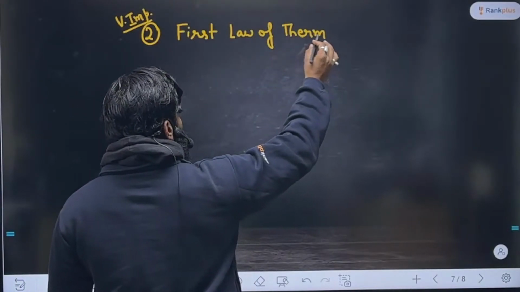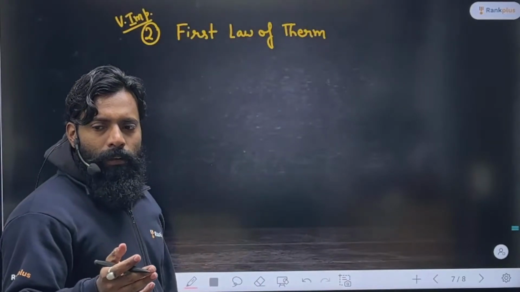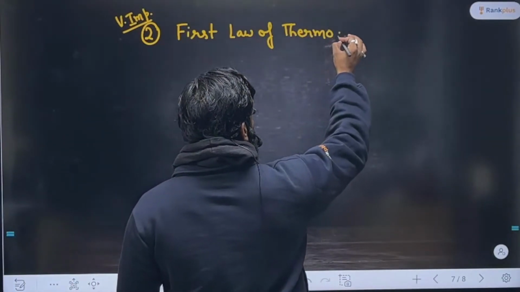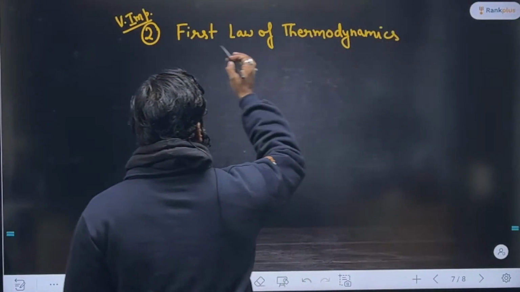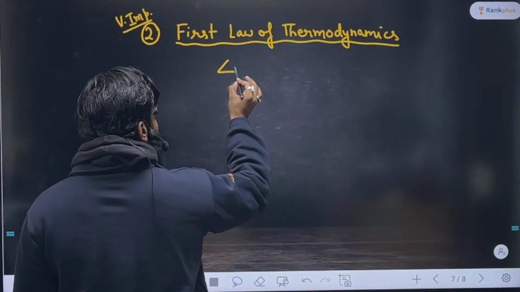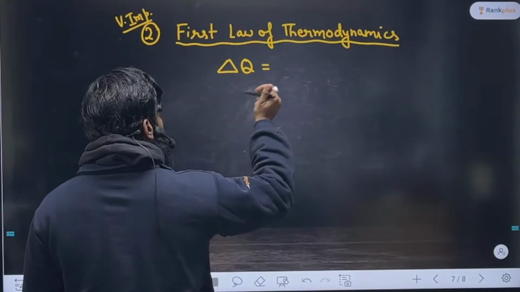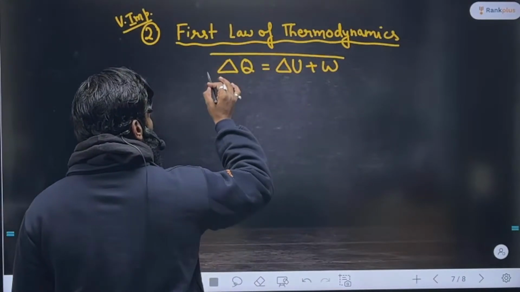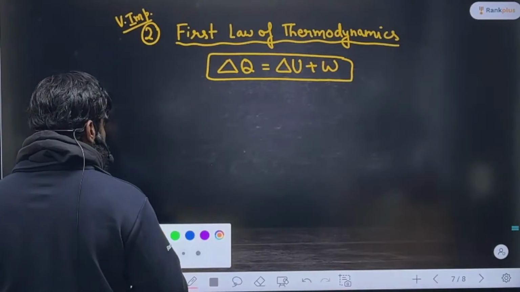There is a slight difference from what you study in chemistry, but do not be confused about that. The first law of thermodynamics states that delta Q, the heat provided, will be equal to delta U plus work done. There are three terms in this.